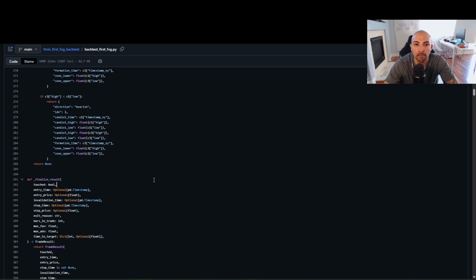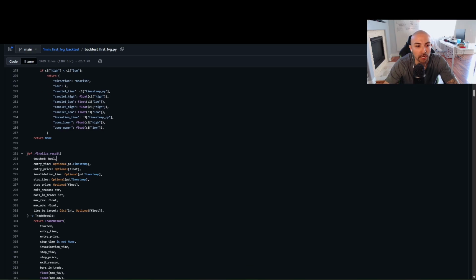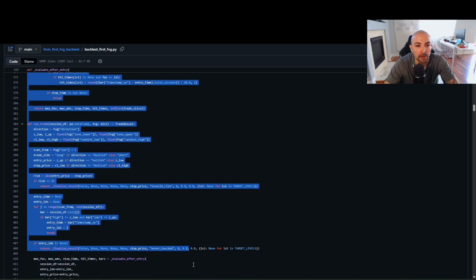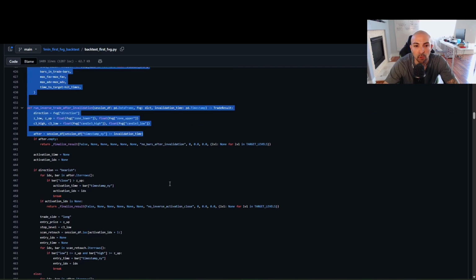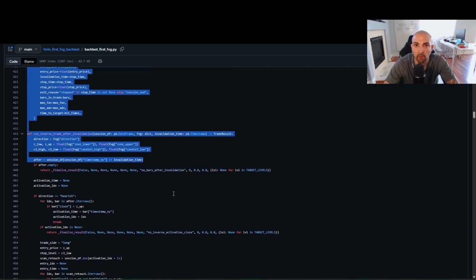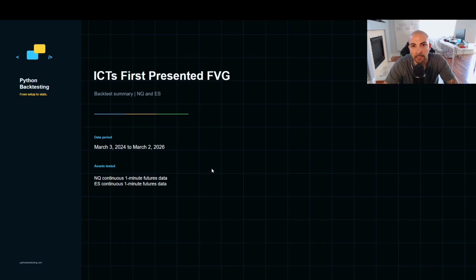So if you're new here, what I do is I take trading strategies and I convert them into Python code and I backtest it against historical data, so we get results a lot faster than what it takes to manually look at charts. The reason why I started doing this is because I was just tired of going in circles. I'm just like everybody else looking for an edge in these markets.